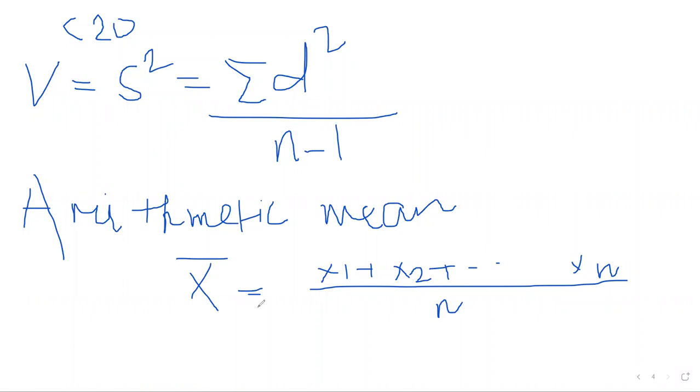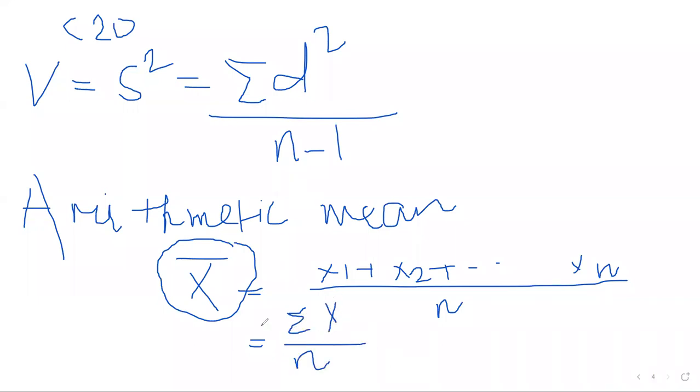That means what is x here? Here x bar is the arithmetic mean, and x1, x2 up to xn are the readings or samples I have taken, and n is the number of readings. So in short, arithmetic mean is equal to the summation of x divided by n.